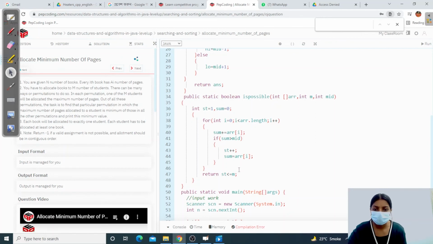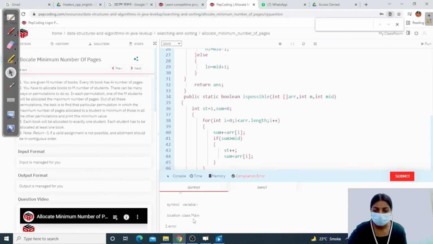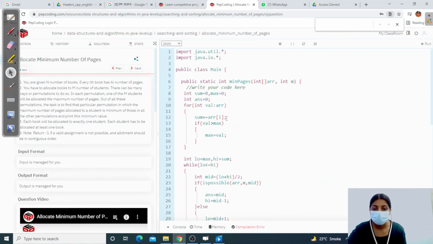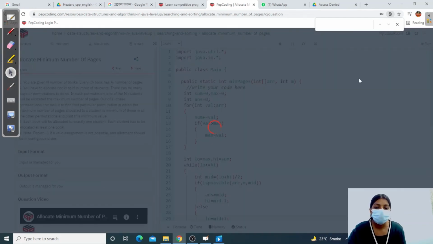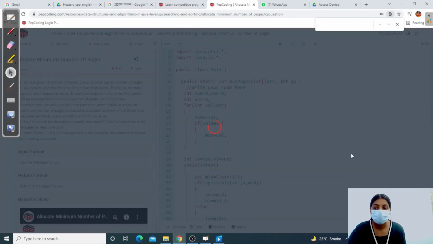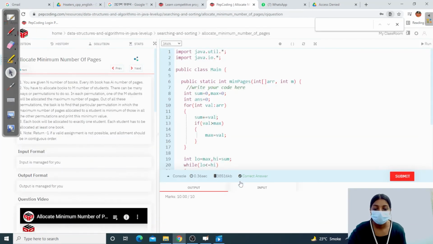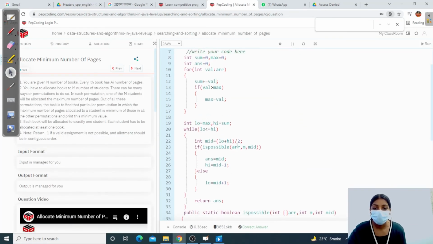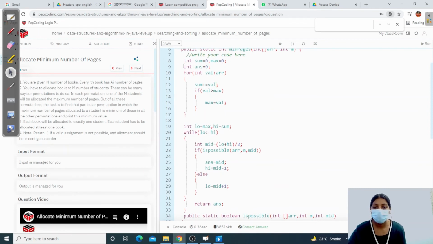Wait, there is some variable i. What's wrong with this? Okay, it's going to be val here, because I'm not accessing through the index, I'm accessing each element directly. Okay, accepted, and now let's try to submit. Okay, submitted, correct answer. Now we are going to dry run this over our example input.